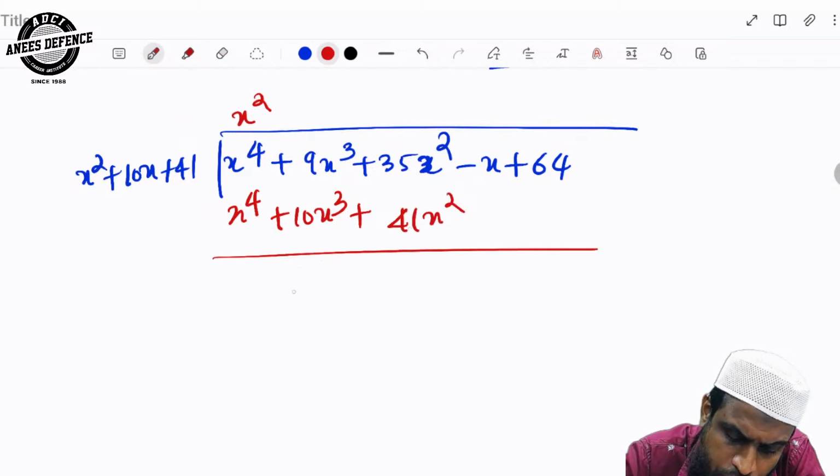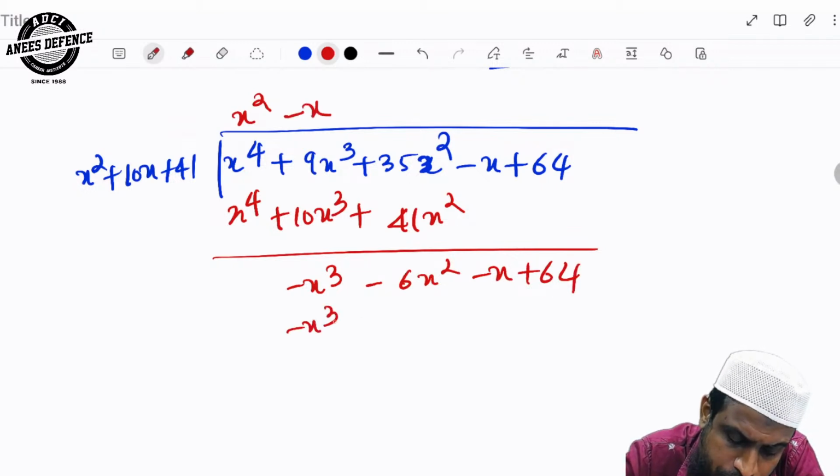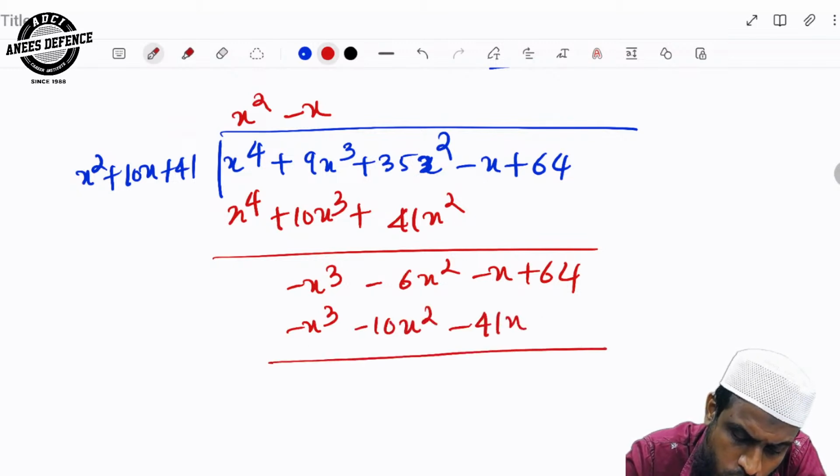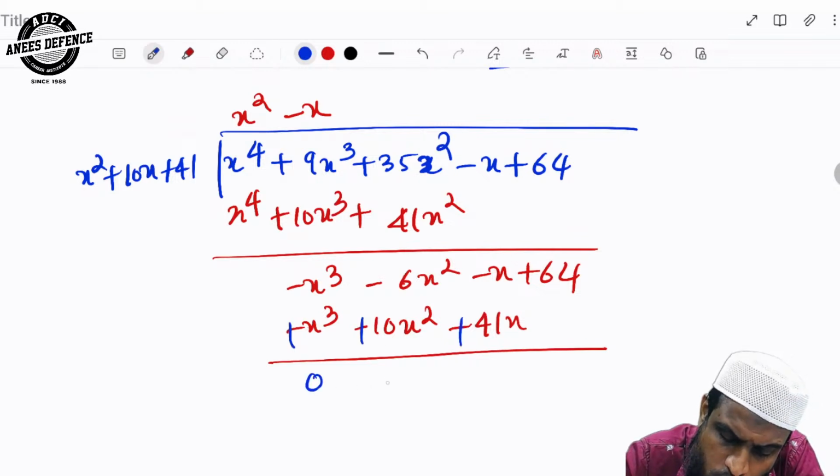When you subtract, minus x cube minus 6x square minus x plus 64. Now you have to multiply with minus x, so minus x cube minus 10x square minus 41x. So plus 0, 4x square plus 40x plus 64.